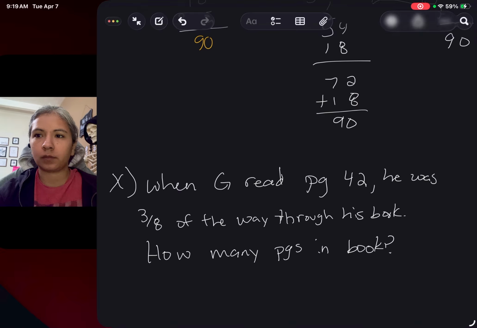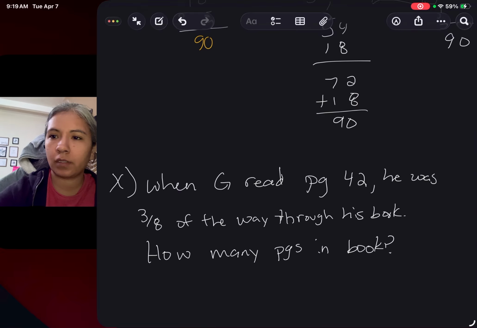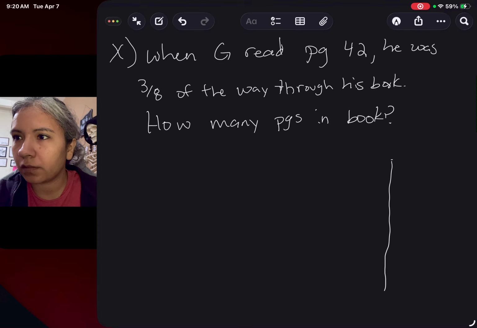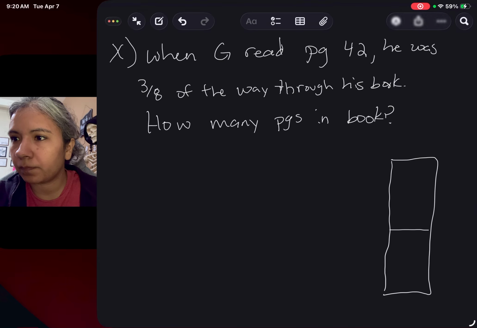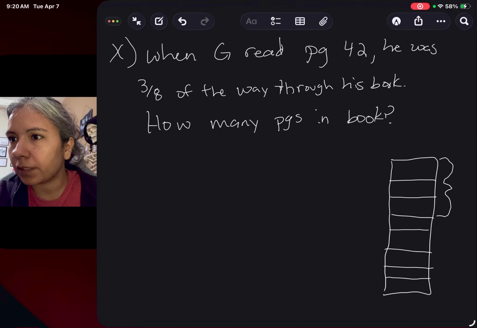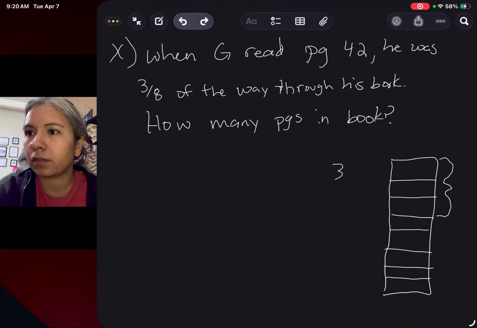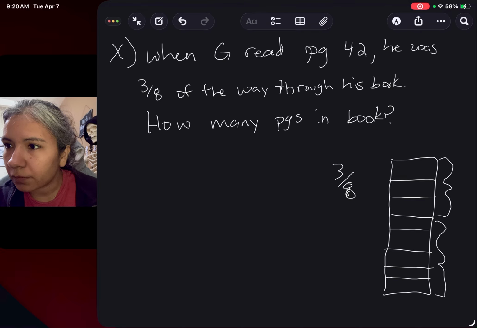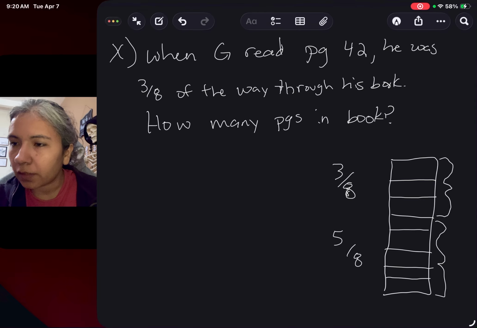So, 3/8, right? There should be 8 parts. There's 3/8, and then this is 1, 2, 3, 4, 5/8.